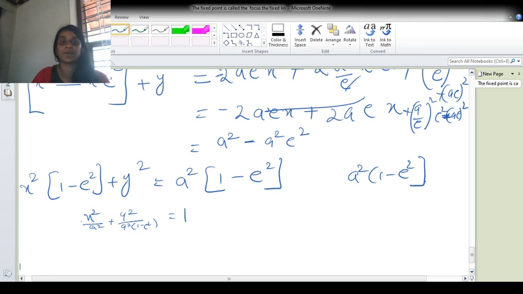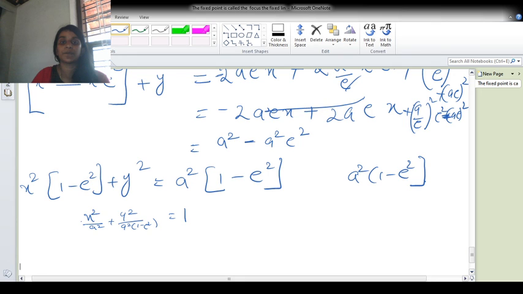So you can take b square equal to a square into 1 minus e square. So you can write x square by a square plus y square by b square equal to 1. So this is the standard algebraic equation of an ellipse.